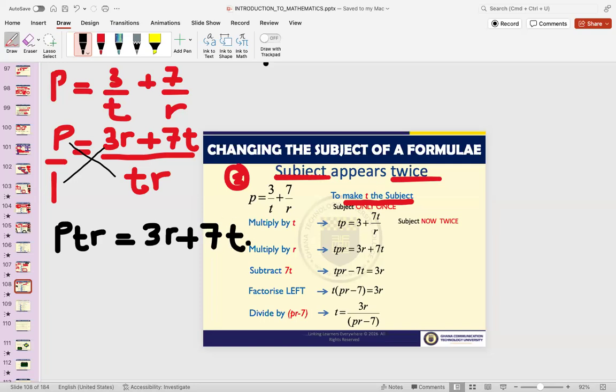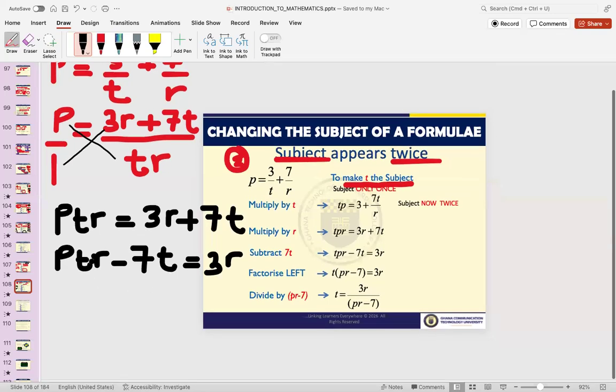So we need to find a way of bringing this T to join this T here on the left-hand side. We have PTR, and then this is positive. The moment it crosses, it becomes negative. So negative 7T is equal to 3R this way.